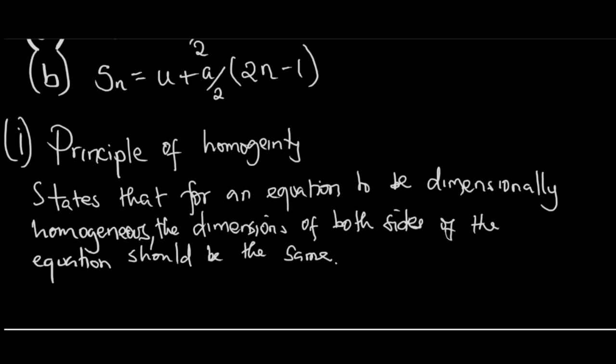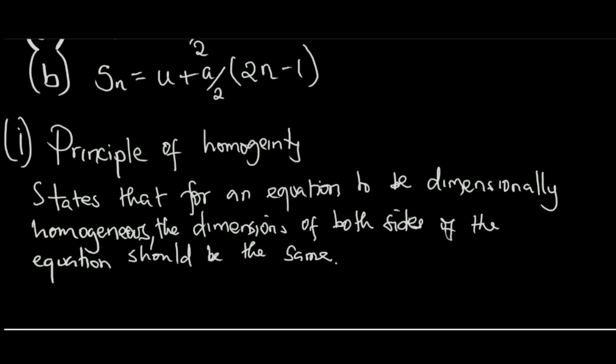So this is what the principle of homogeneity states when it comes to the dimensions of a physical quantity. So whatever you have on the left in terms of dimensions should be the same as what is on the right. Okay, so this is the first part of the problem and it has been answered successfully.